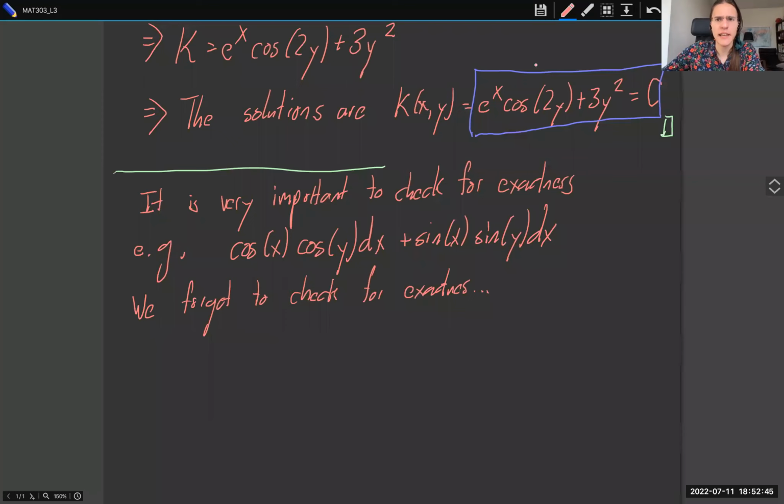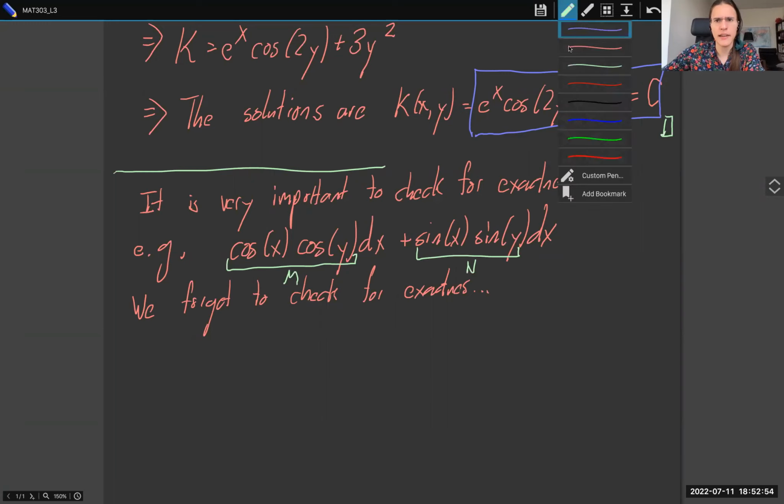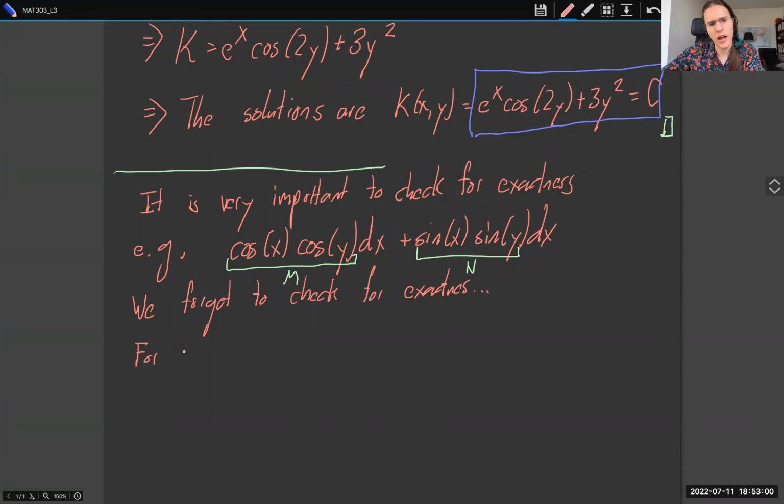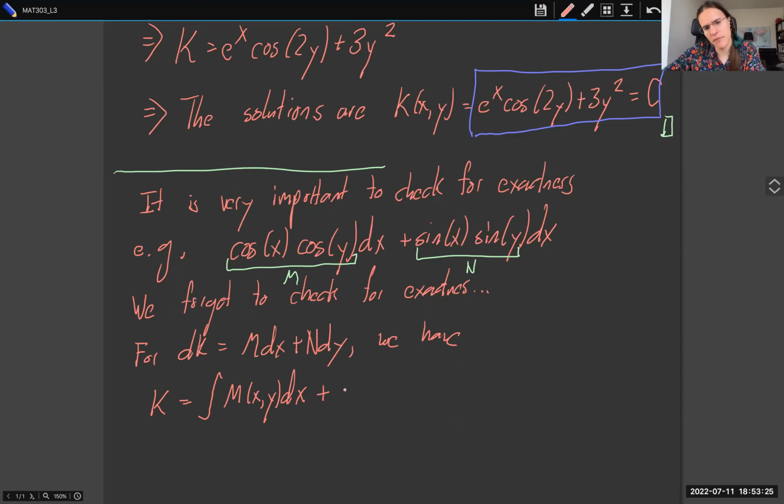And so what we say then is that if this is M and this is N, then for dK equals M dx plus N dy, we have K is equal to the integral of M dx plus some function phi of y.